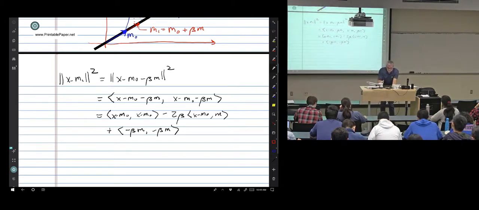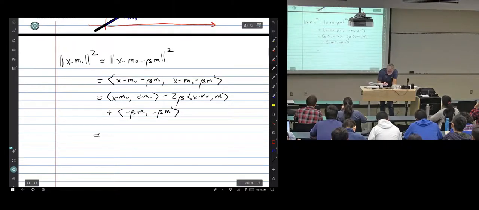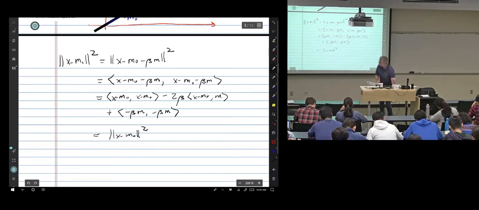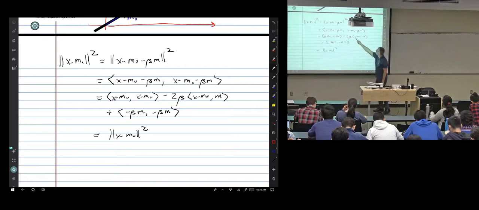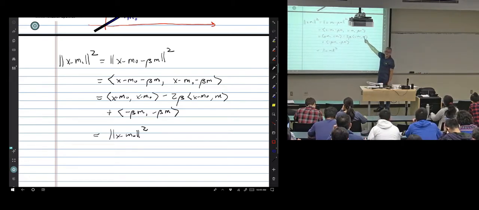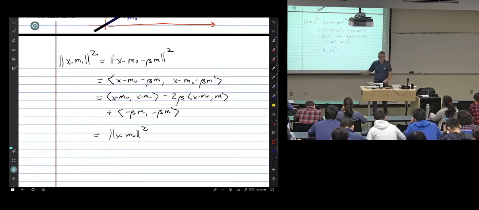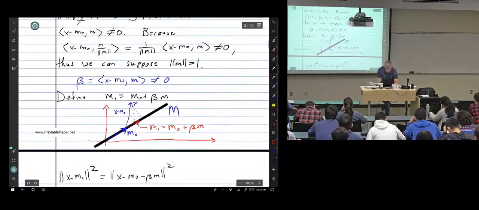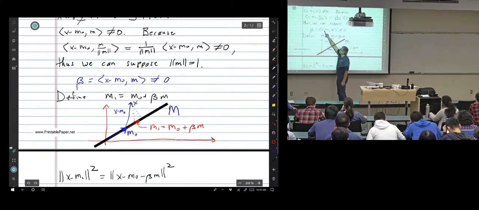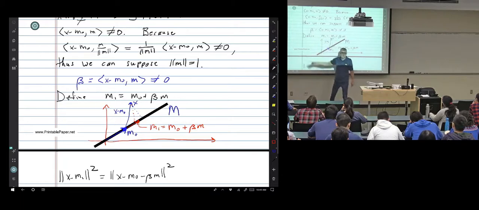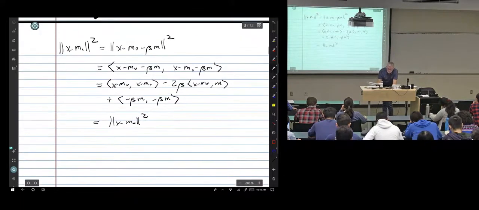Okay. So what do I end up with? This is the norm of x minus M0 squared. That's this one. That's the norm squared. The inner product of x minus M0 with M is equal to beta. Okay. Inner product x minus M0 with M, that's this magic coefficient beta that I used to move along with.